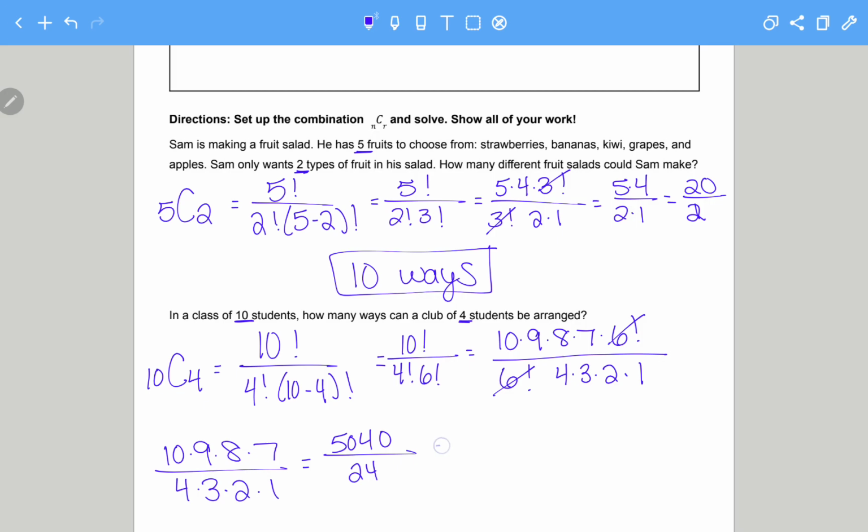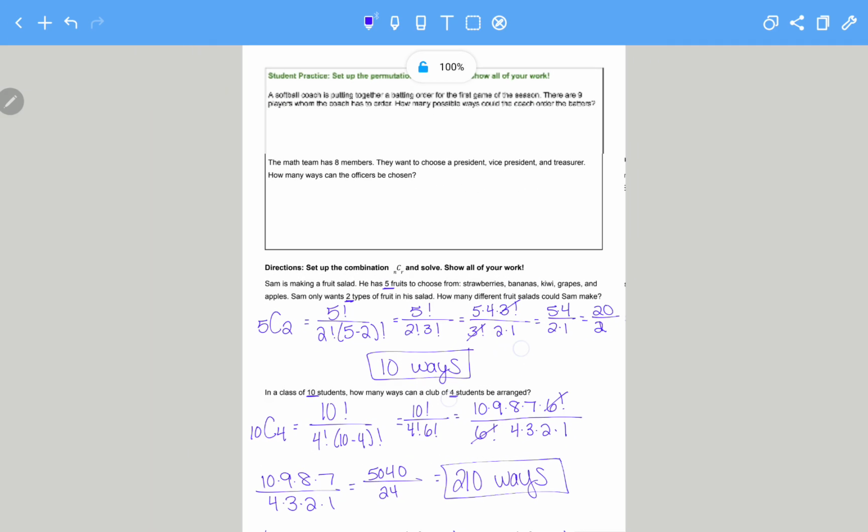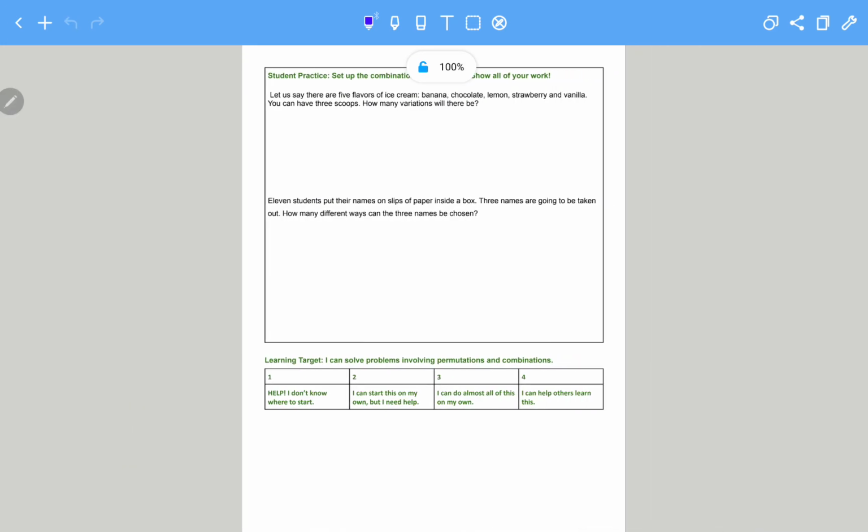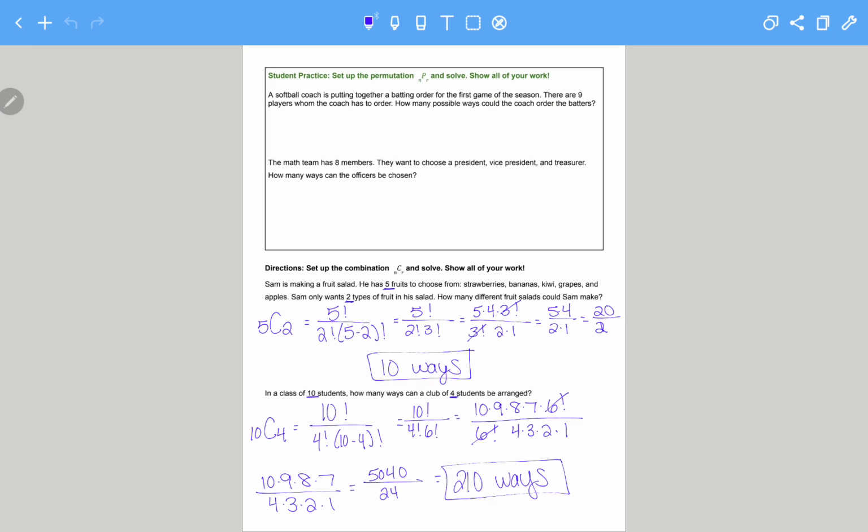And we're going to divide that to get 210 ways. Okay, and you have 2 more student practice problems that are combinations. Okay, the hardest part about these problems is figuring out, is it permutation or combination? So make sure you practice the formulas because the rest of it's hard enough as is.